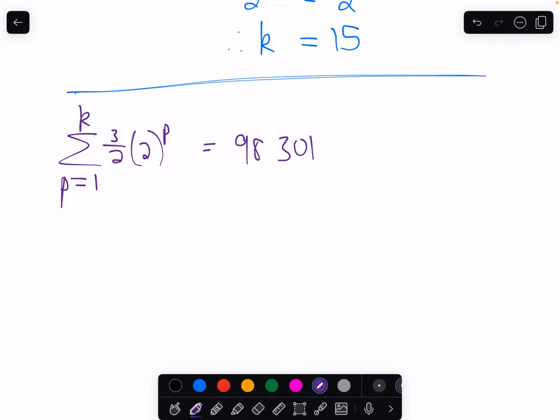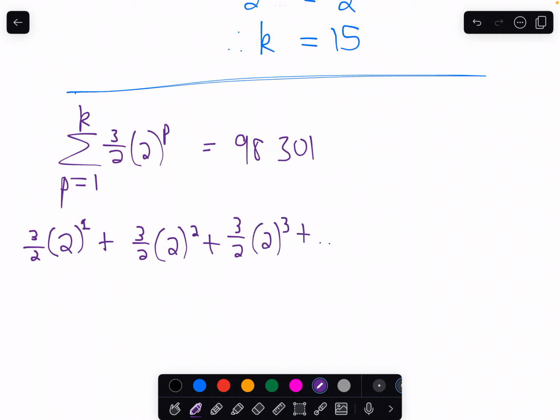Okay, so of course one way you could do it is to expand the sum, right, and see what comes up. So this would be 3 over 2 times 2 to the 1 plus 3 over 2 times 2 to the 2 plus 3 over 2 times 2 to the 3, and so on until 3 over 2 times 2 to the k.